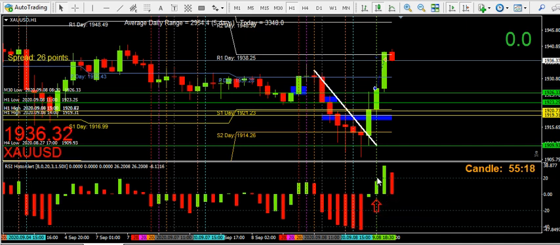I haven't worked out the stats, but I'm happy. It complements the 3 candle reversal almost 10 out of 10, as it were. So we have a situation here where we've got a 3 candle reversal through H1 support.